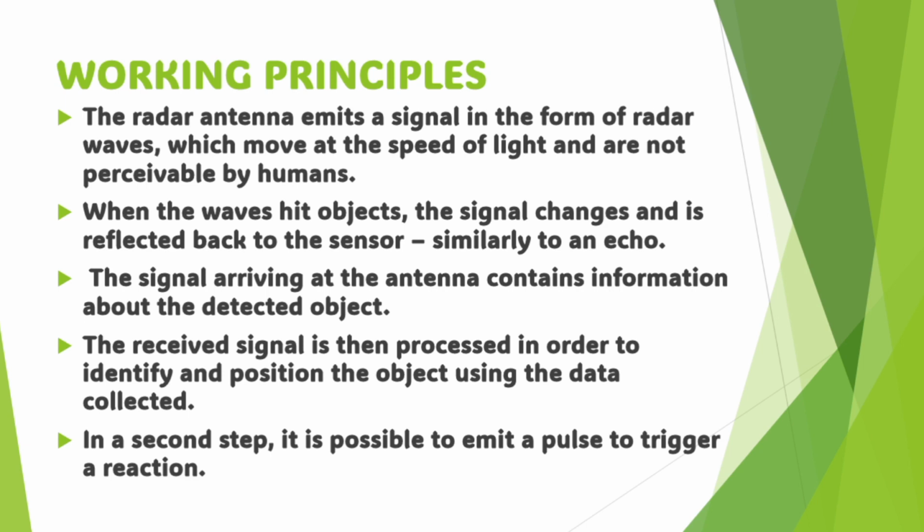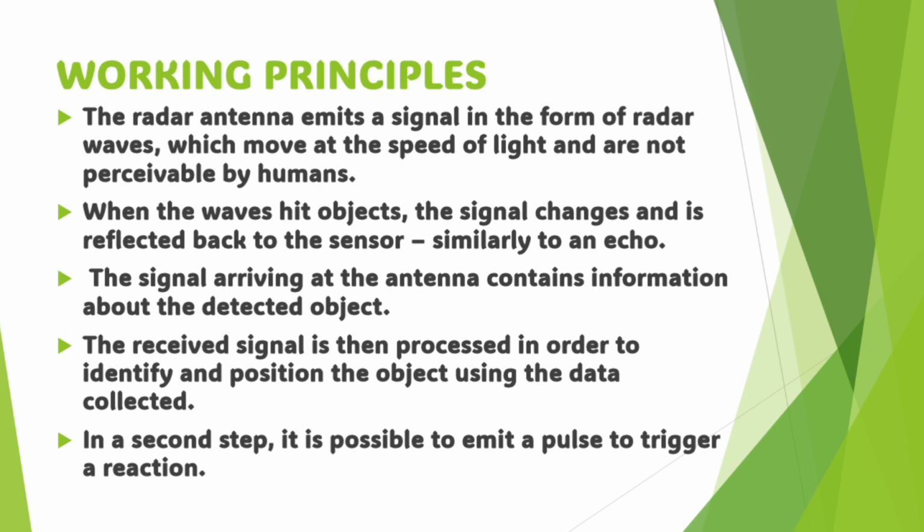Next, the signal arriving at the antenna contains information about the distant object, and it also collects the information of different objects. The received signal is then processed in order to identify and position the object.